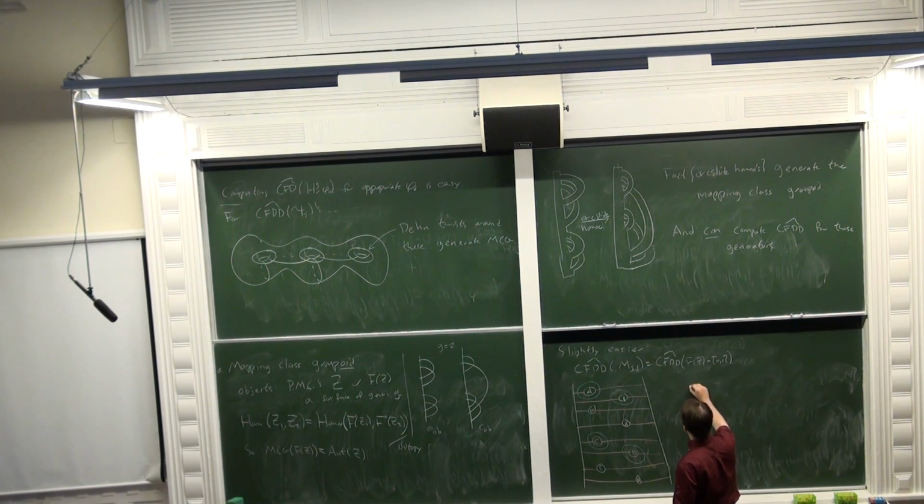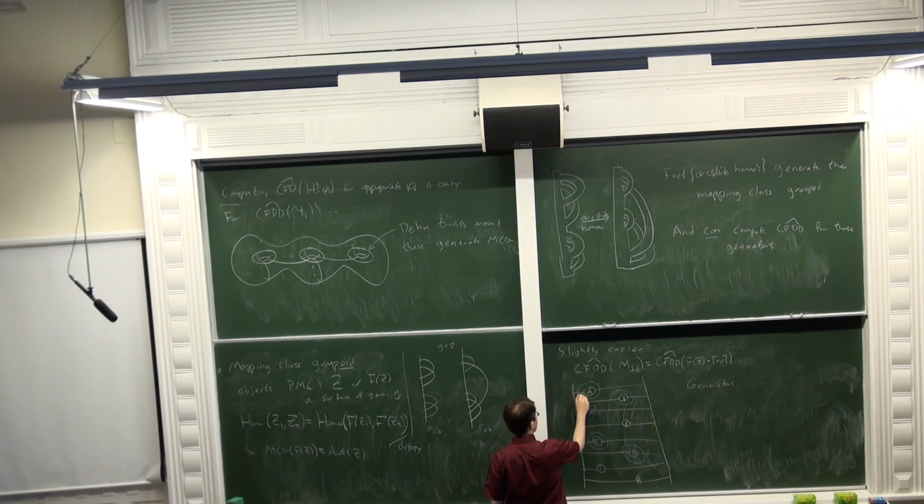Let's study this diagram a bit. The first thing I want to understand is the generators. So let's mark a generator. Then how do we evaluate the generator? For each of the blue circles, I made a choice of left or right. I put the point on the left or on the right.